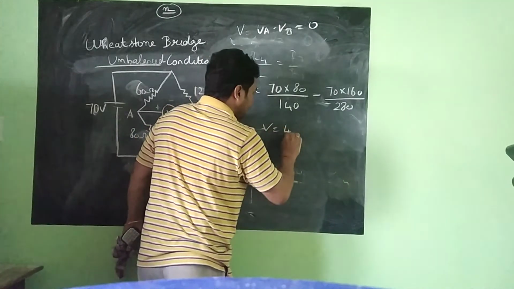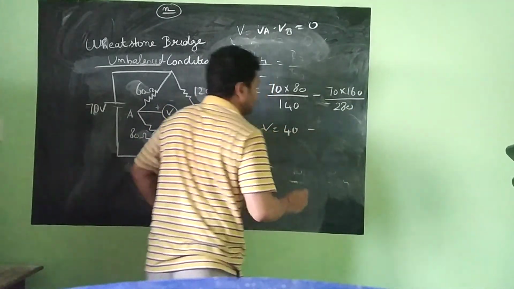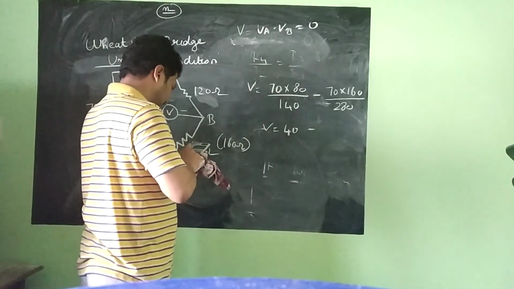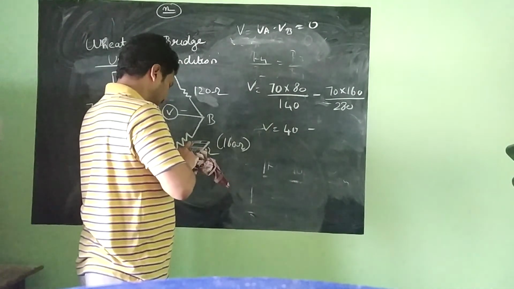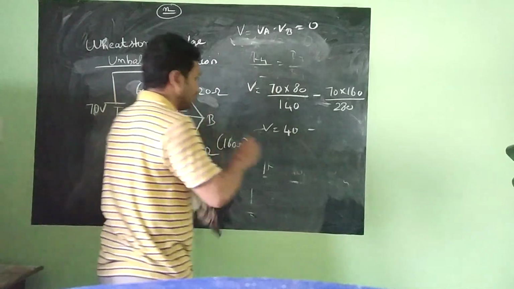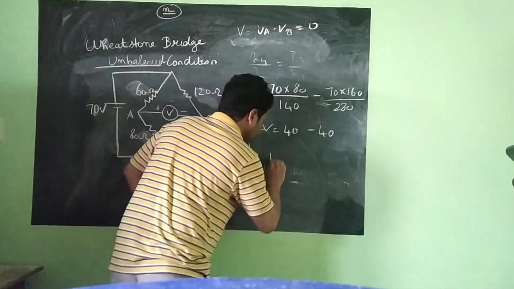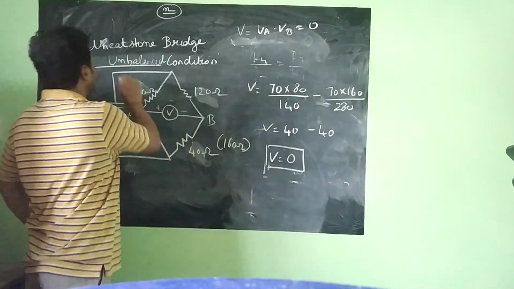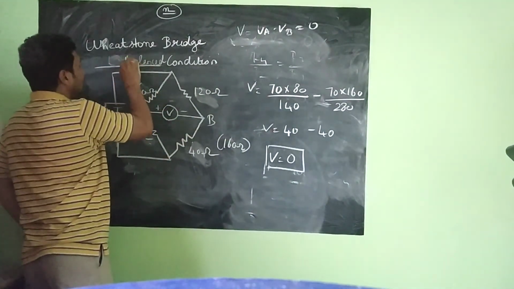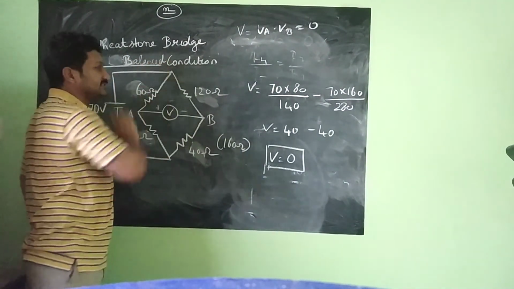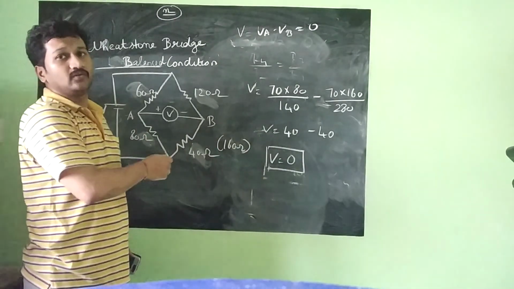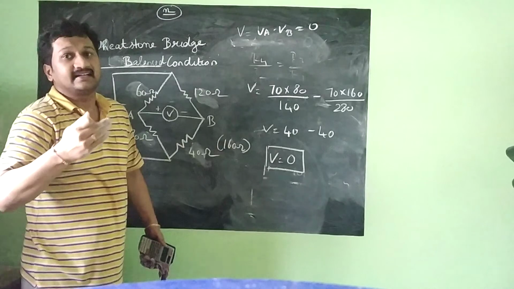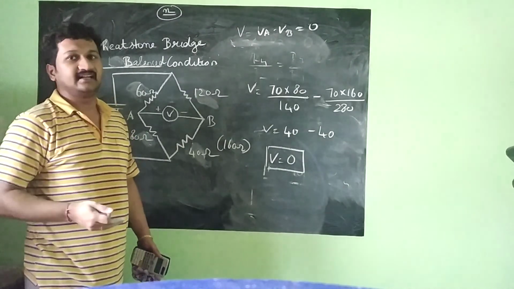V equal to 40 minus, if you calculate this, 70 into 160 divided by 280, you get 40. V equal to 0. So in this case the bridge is in a balanced condition. This is how you have to approach the Wheatstone bridge for making it balanced from the unbalanced condition. Thank you.